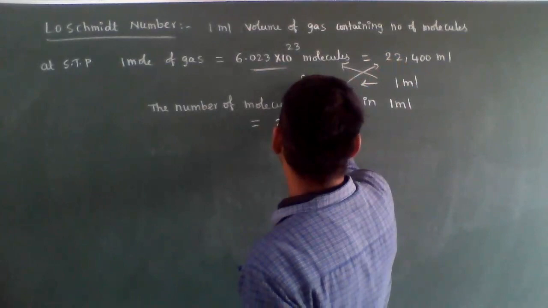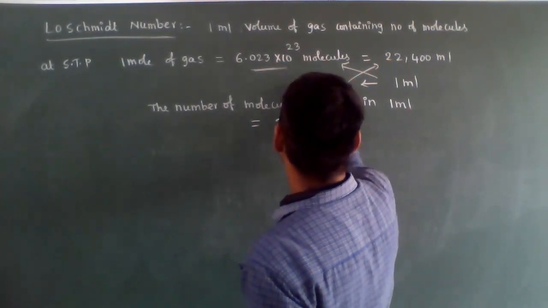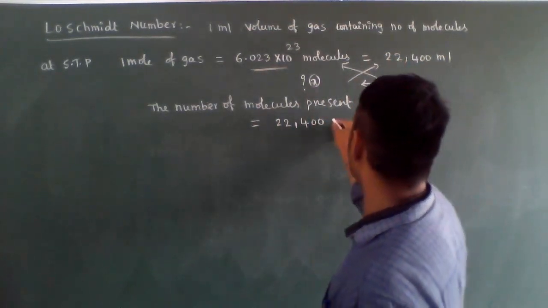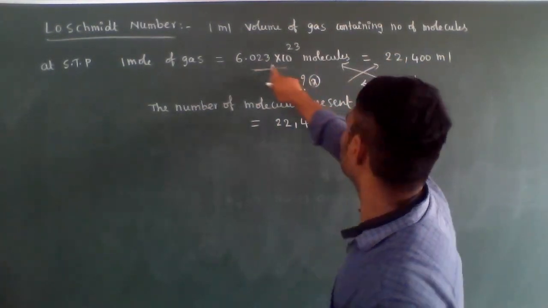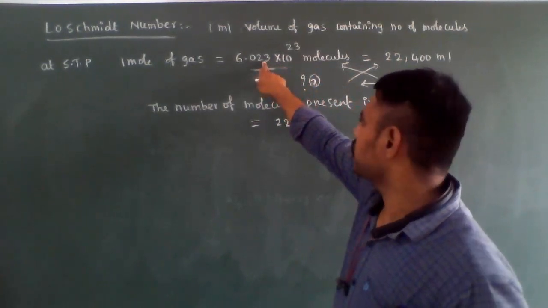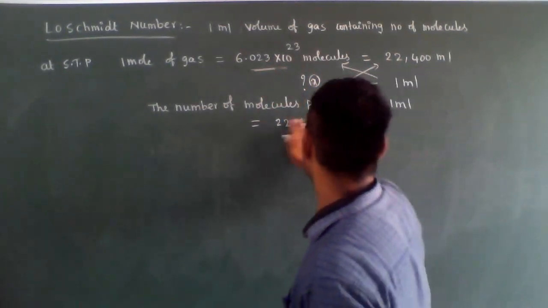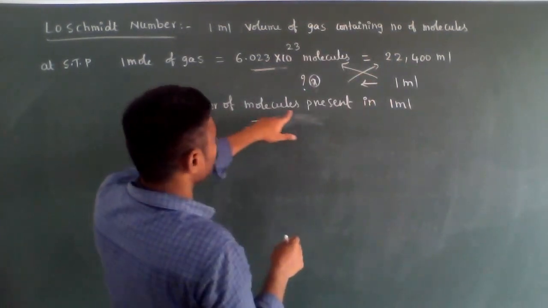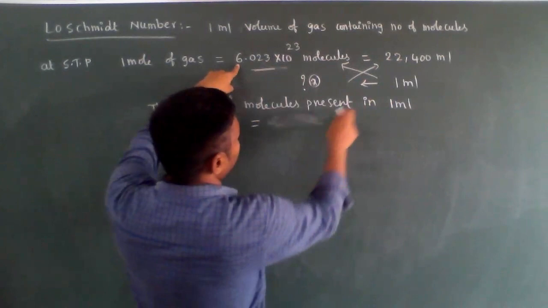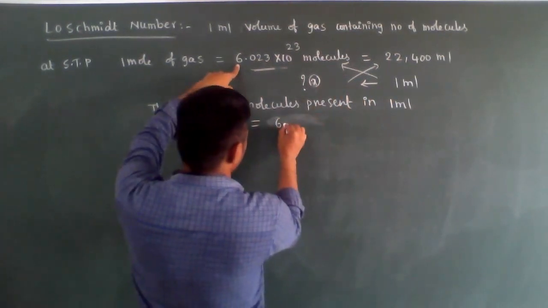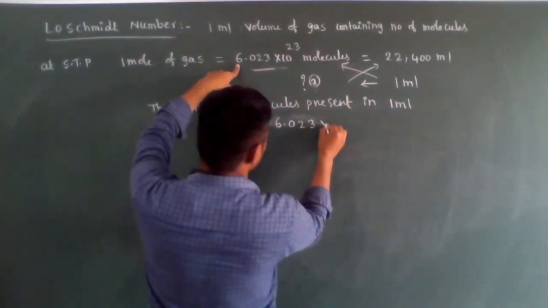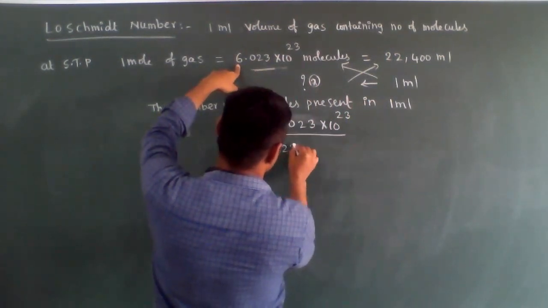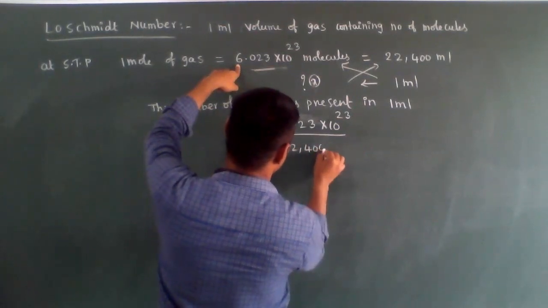Sorry, this is x: how many molecules do we want? Then 22,400 ml into x is equal to 6.023 into 10 to the power of 23 molecules. So x, the number of molecules present in 1 ml, is equal to 6.023 into 10 to the power of 23 divided by 22,400.